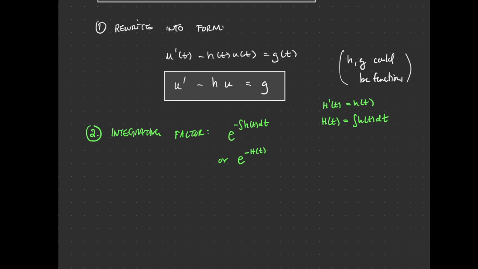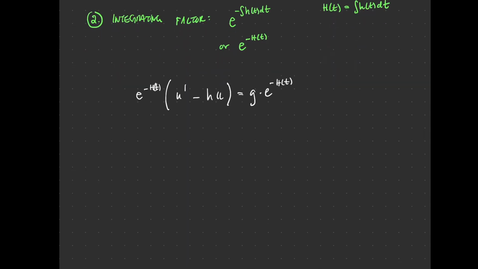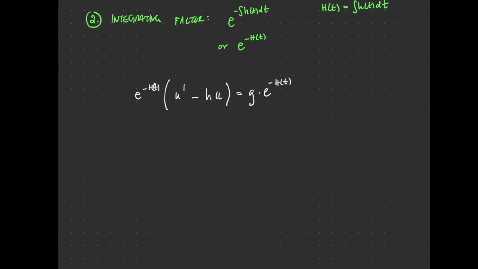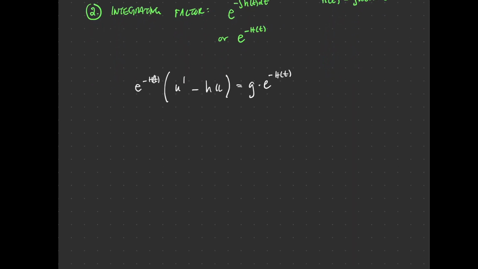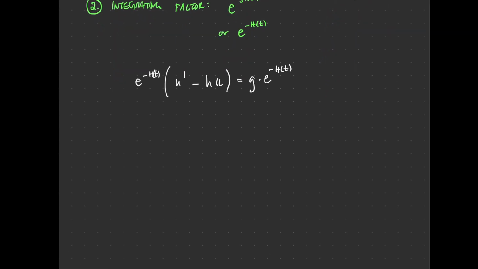You multiply both sides by e to the minus H of t: u prime minus h times u equals g times e to the minus H of t. And again, you might take a moment to unpack why this is the case. I showed it in the last video.